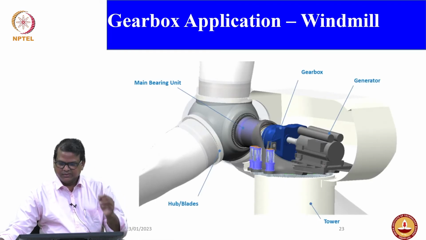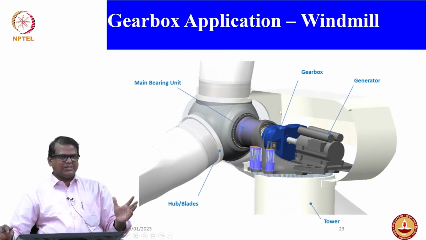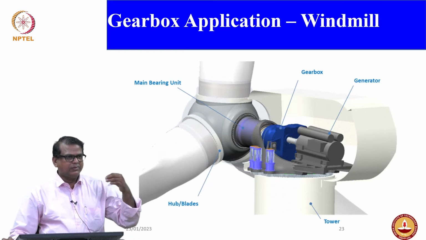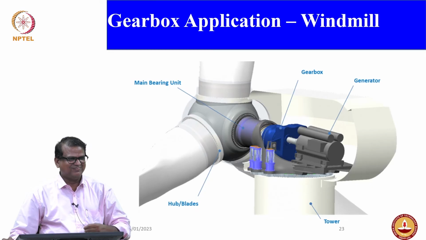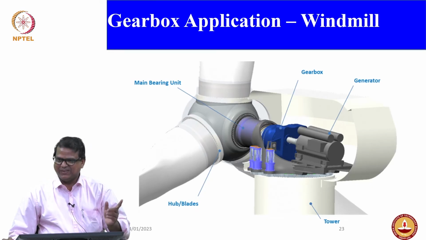You will see that these are the blades, then this is the hub, from hub to the gearbox, gearbox to generator. The unique difference, the dynamics difference here: in automobile you want to reduce the speed. In windmill you want to increase the speed.